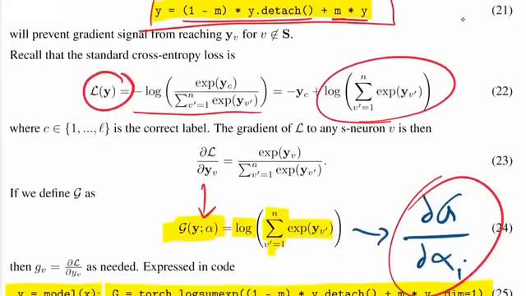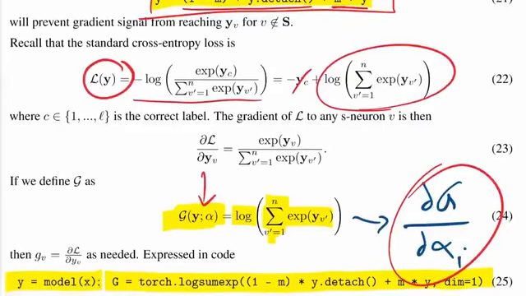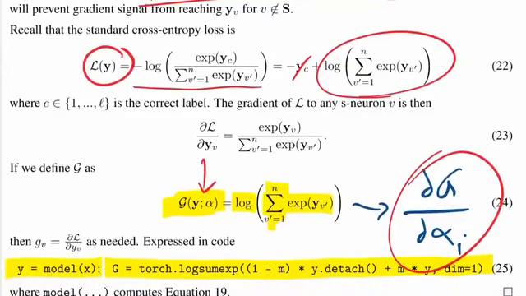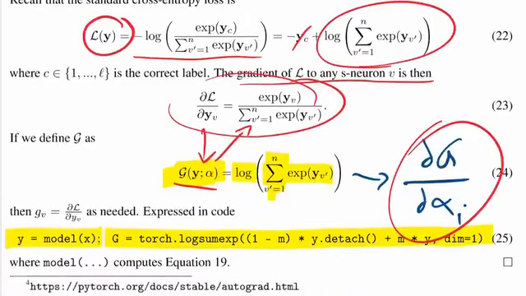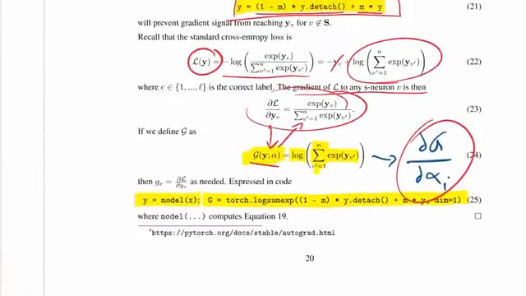So the gradient, certainly this is always going to be 0, because wherever the gradient is flowing, that's not where this is 1. So the gradient of any superfluous neuron is just this thing right here. And that's exactly why they build the function g. The function g has this exact gradient. The function g, if you derive it, has that same gradient as the supervised loss for the superfluous neurons.